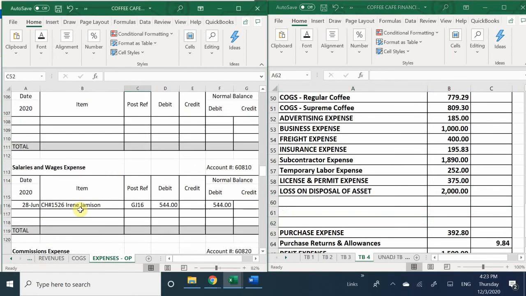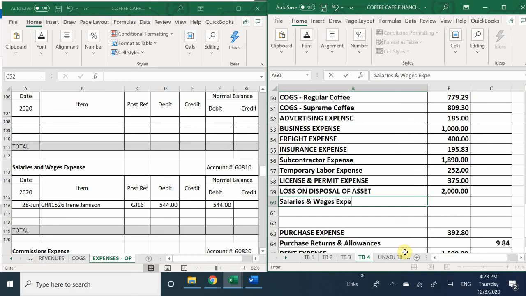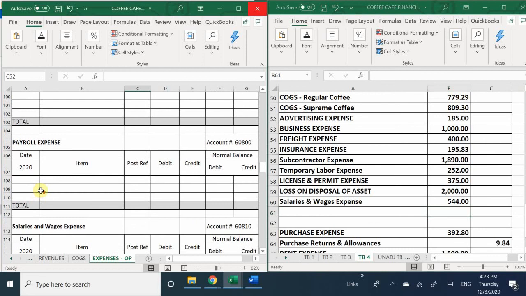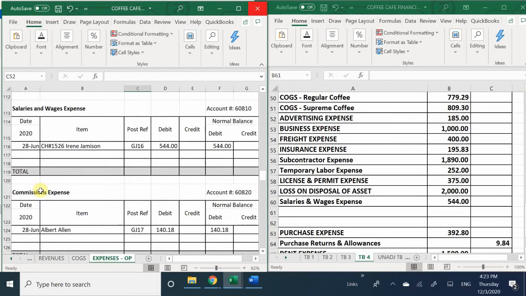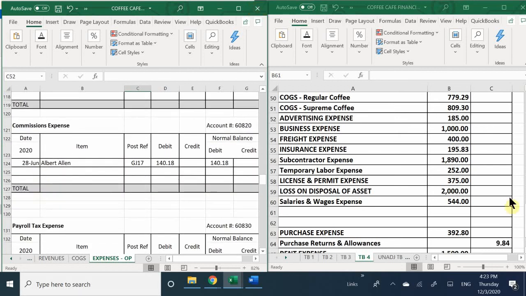Okay, so the first one, salaries and wages expense, for 544. Okay.